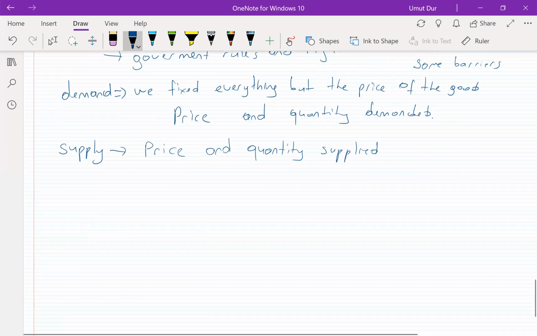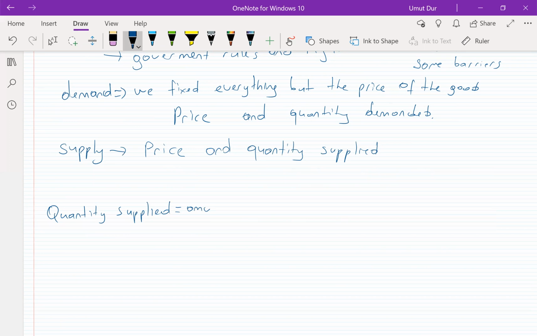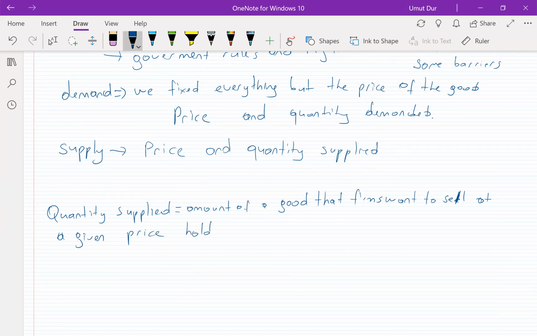Okay, so formally, the quantity supplied is the amount of a good that firms want to sell at a given price, holding everything else constant.